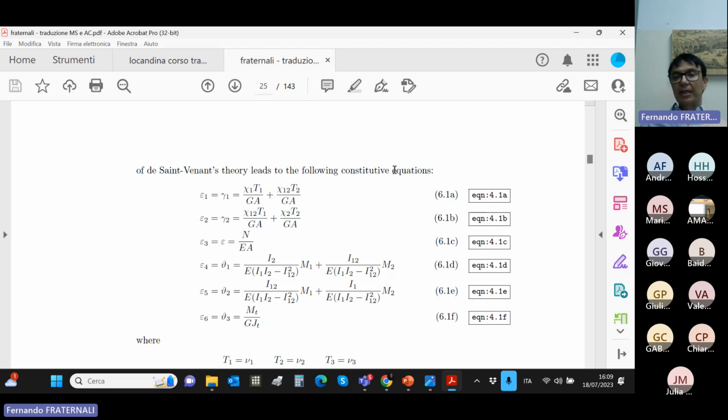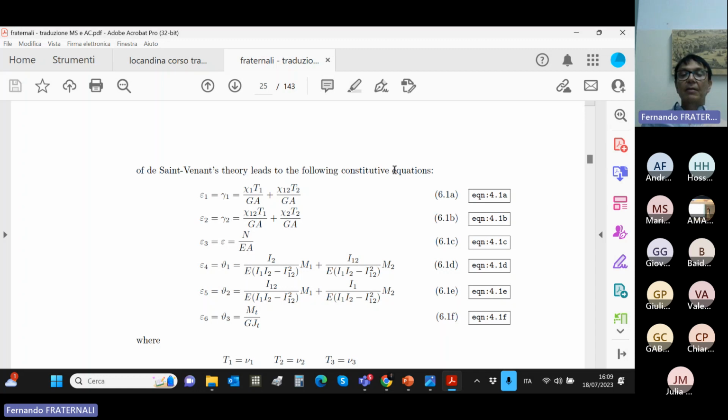We have basically this mixed inertial moment I1,2 that is not present if the axes 1 and 2 are principal axes of inertia. We have this inertia product I1,2 equal to 0.